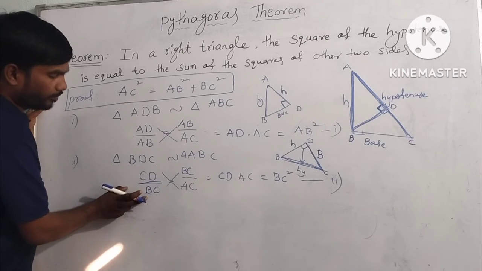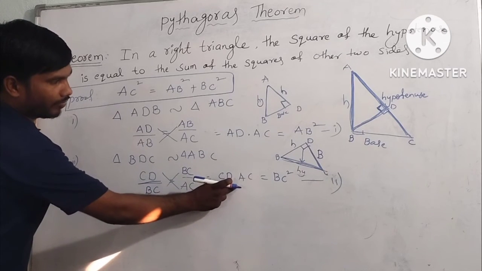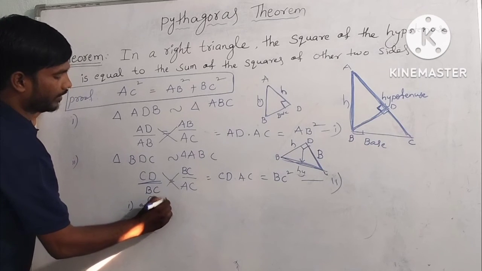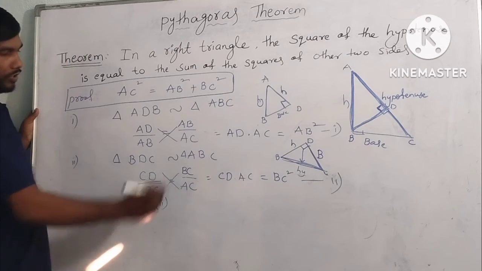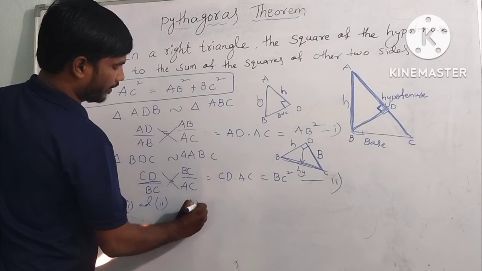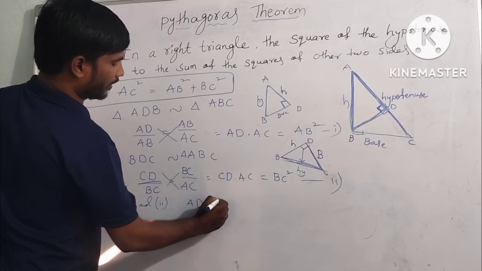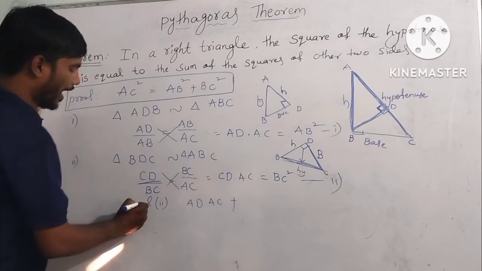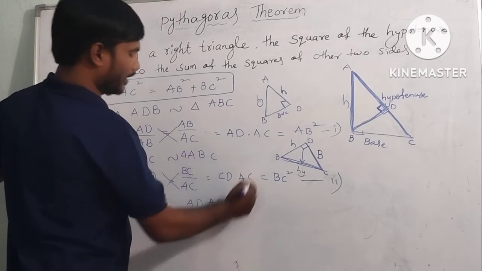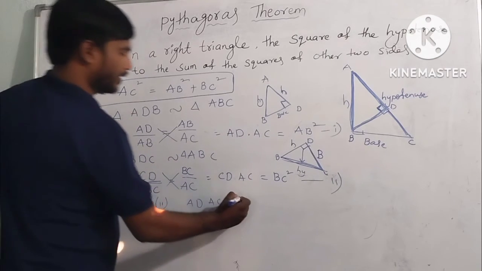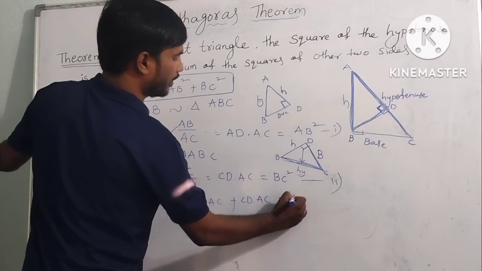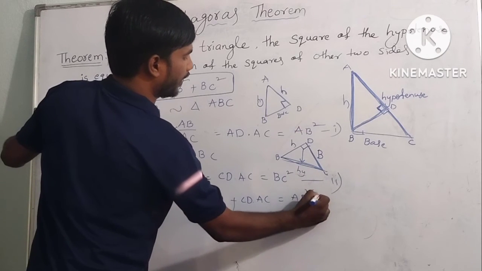Now add the first and second equations. AD into AC plus CD into AC equals AB square plus BC square.